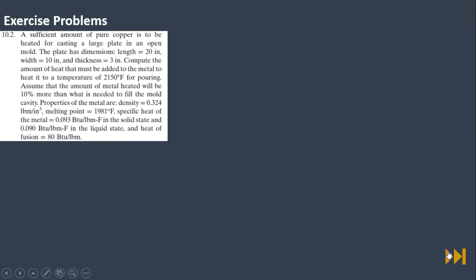Again, we will have a similar method. We will simply calculate the volume using the given data, and the volume that is to be heated is 10% more, that is equal to 1.10 into V0.